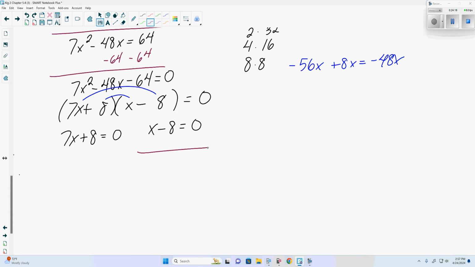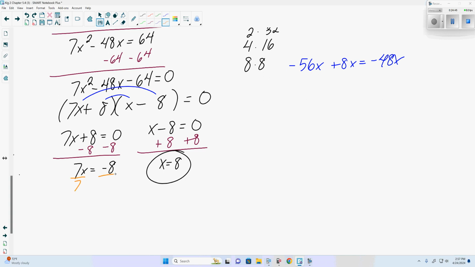Now on the right-hand side, if we solve this, we get that x is indeed equal to 8. Left-hand side, 7x plus 8 equals 0. Well, to solve for x, we would subtract 8 from both sides, telling us 7x is equal to negative 8.